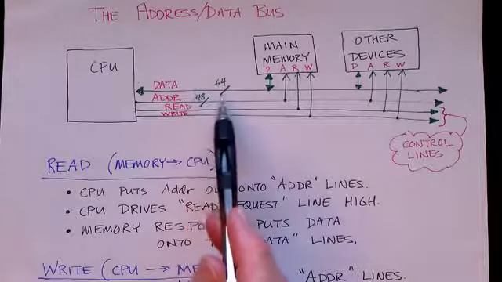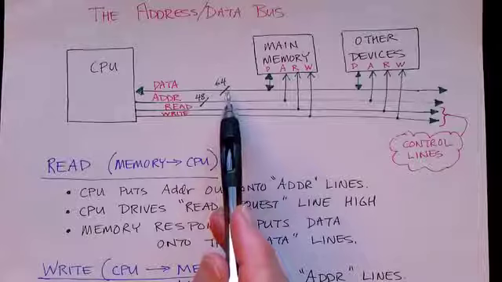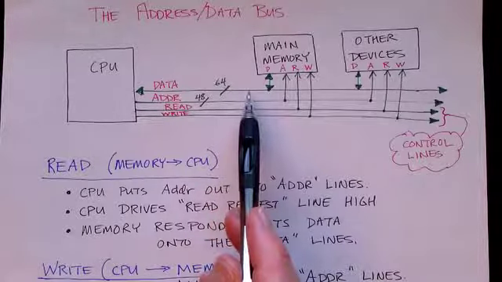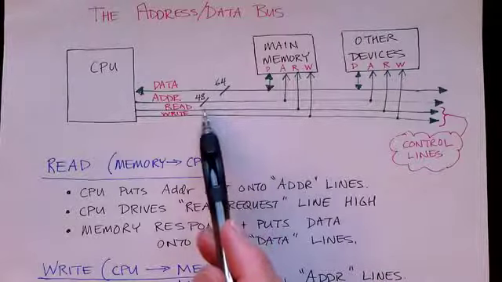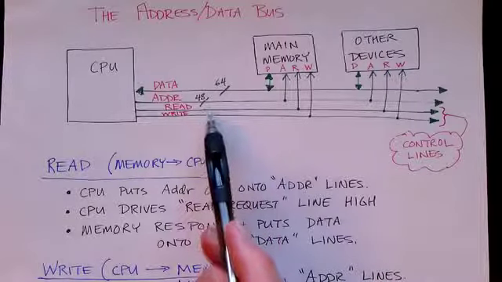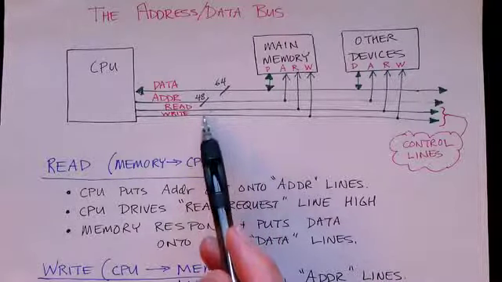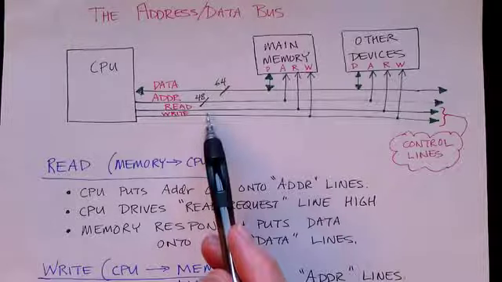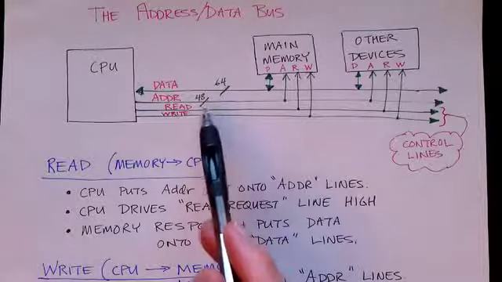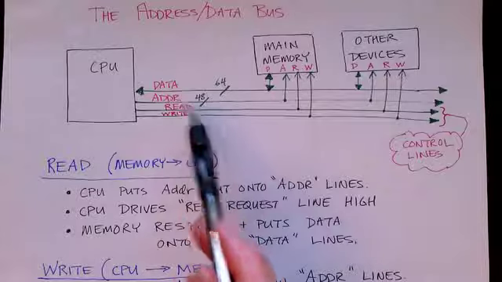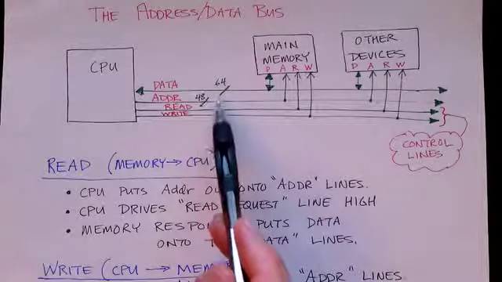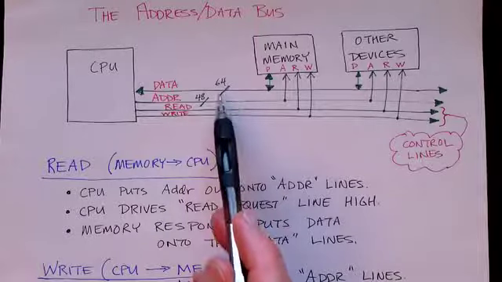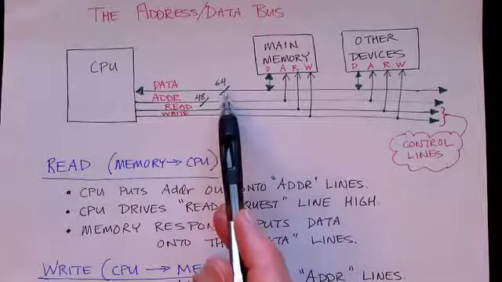One is the collection of lines that are the data bus lines, and then we have the address lines, and then we have some control lines, and I've shown two. One's called read and one's called write. In this particular example, it appears that our addresses are 48 bits in length, and our data that's being transferred back is 64 bits.